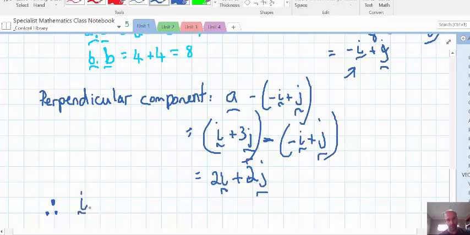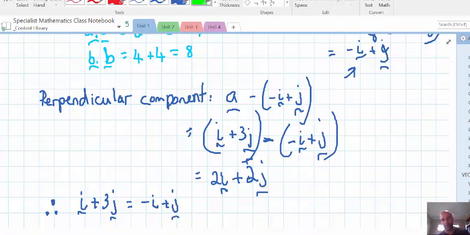Therefore, the given vector A, which was i plus 3j, equals, broken into components, negative i plus j, which was up here, and the perpendicular component, which was here.